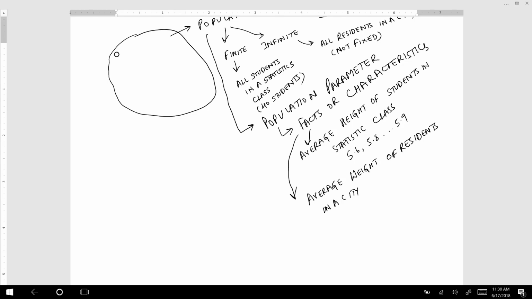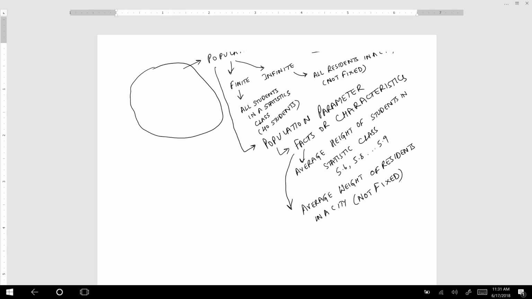Even if we make an effort to capture the average weight of residents in a city, by the time we capture it, it would have changed because some people would have moved out of the city and some people would have moved into the city. So since it's not fixed, it's difficult to capture.